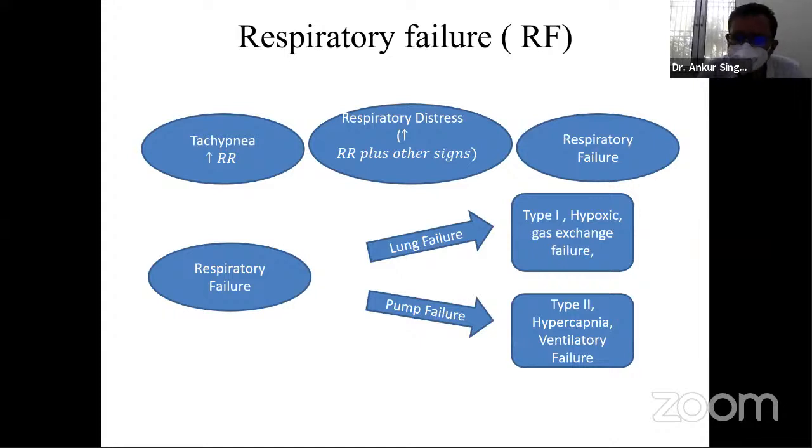So it could be damage anywhere in this connection. Pump failure usually leads to CO2 retention or hypercapnia, also called ventilatory failure or type 2 respiratory failure. But usually in our day-to-day settings, our patient can have both type 1 and type 2 respiratory failure.